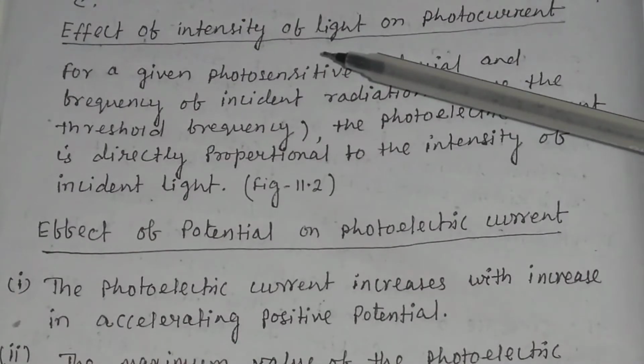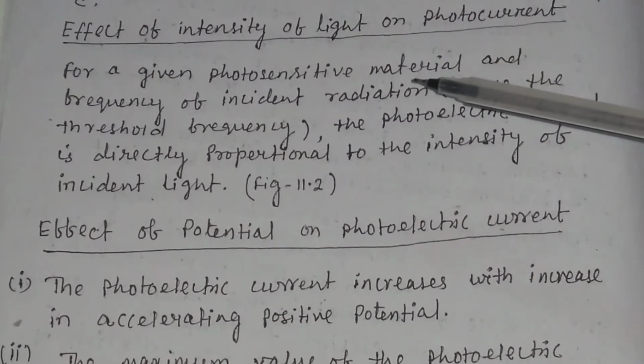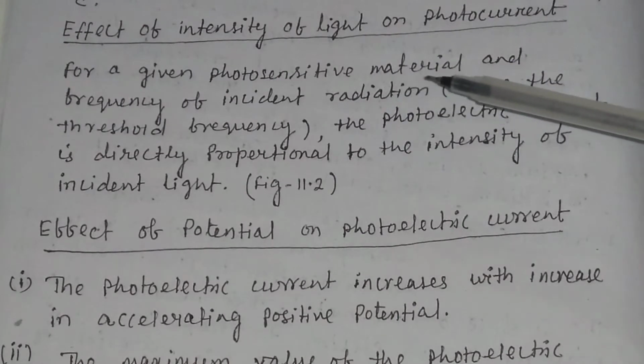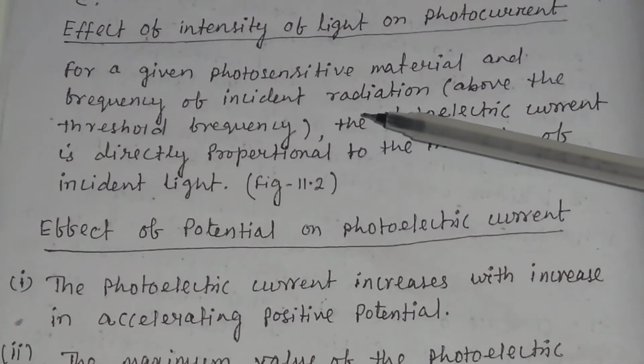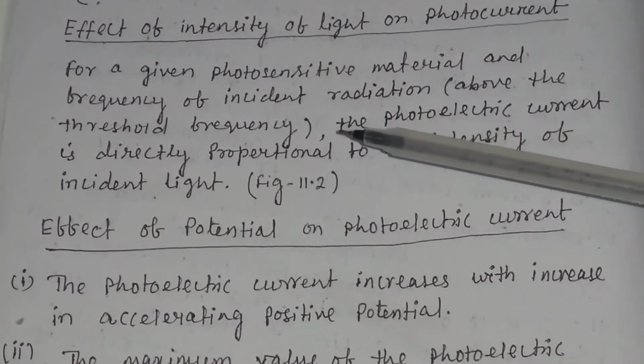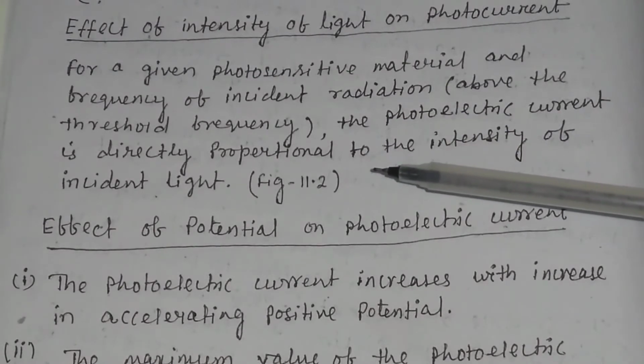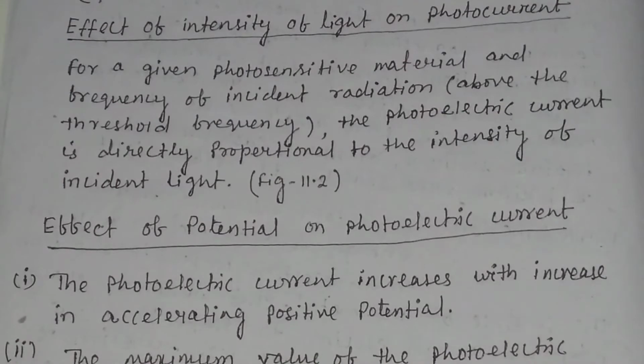Now let us know what is the effect of intensity of light on photocurrent. For a given photosensitive material and frequency of incident radiation above the threshold frequency, the photoelectric current is directly proportional to the intensity of incident light.